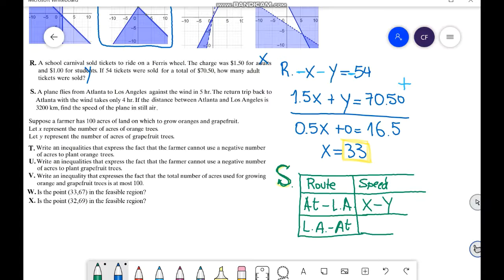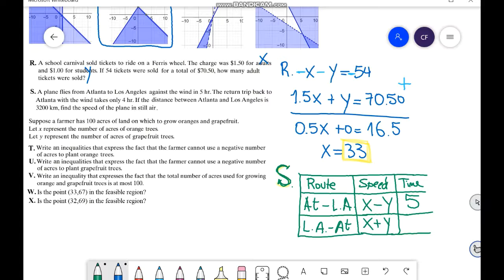When you're going back from Los Angeles to Atlanta, now the wind is helping. And it's going to be faster. It's going to be x plus y. So this is the speed. Next, time. From Atlanta to Los Angeles, we spent more time because the speed was lower, right? The wind was holding the plane.